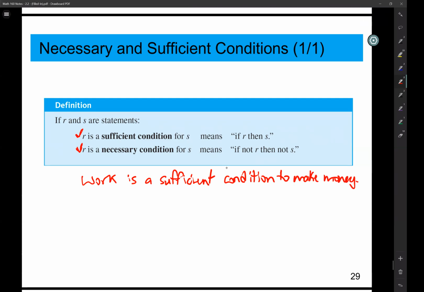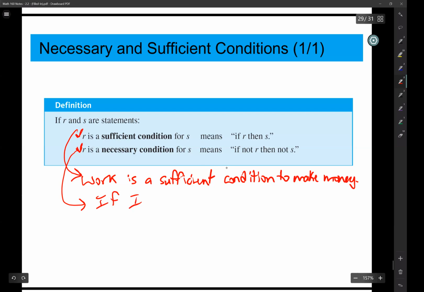Necessary is different. It's saying that if not R, then not S. So how would that work? So if not R, then not S. So necessary, it doesn't mean it's sufficient. It just means that it's necessary.